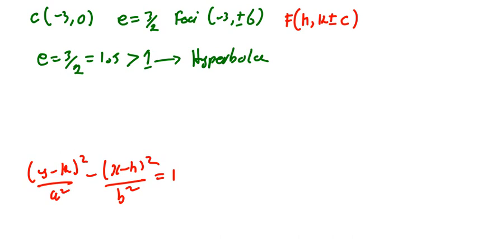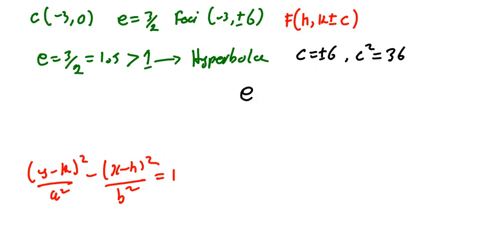Okay, here's how we get our a and our b. Since c is equal to plus or minus 6, meaning c squared is equal to what? c squared is equal to 36. Then how am I able to use this?